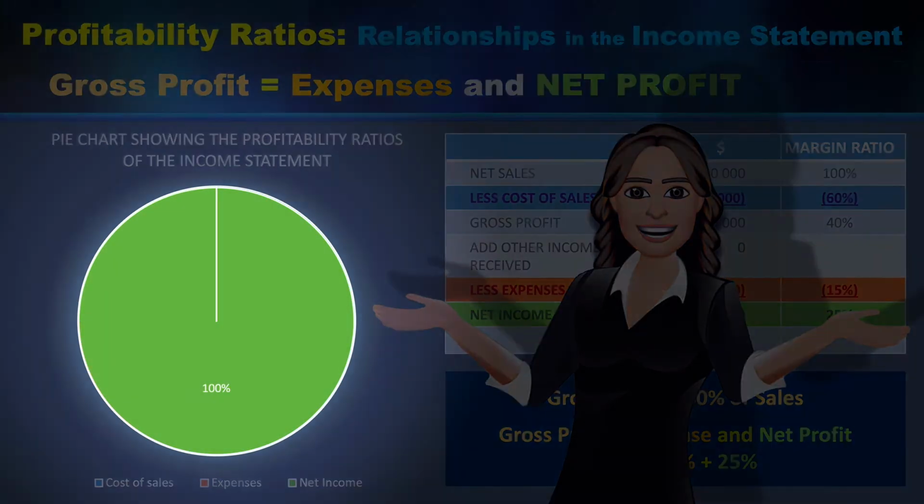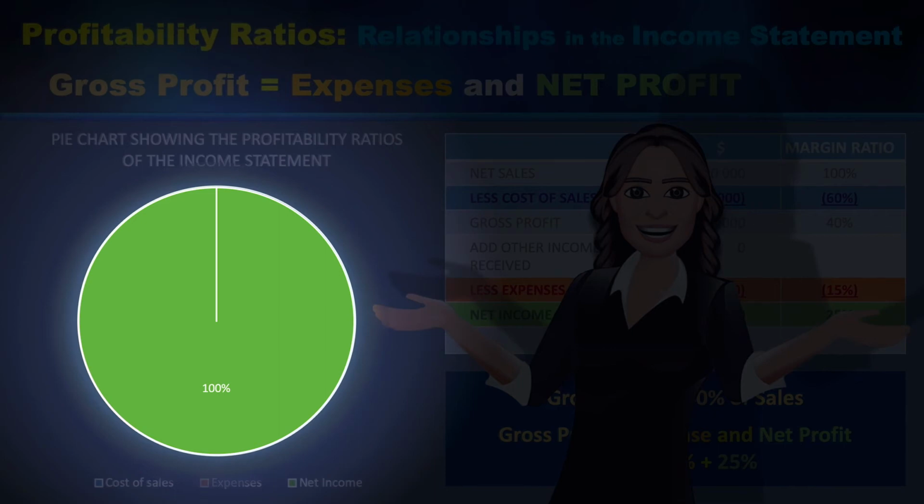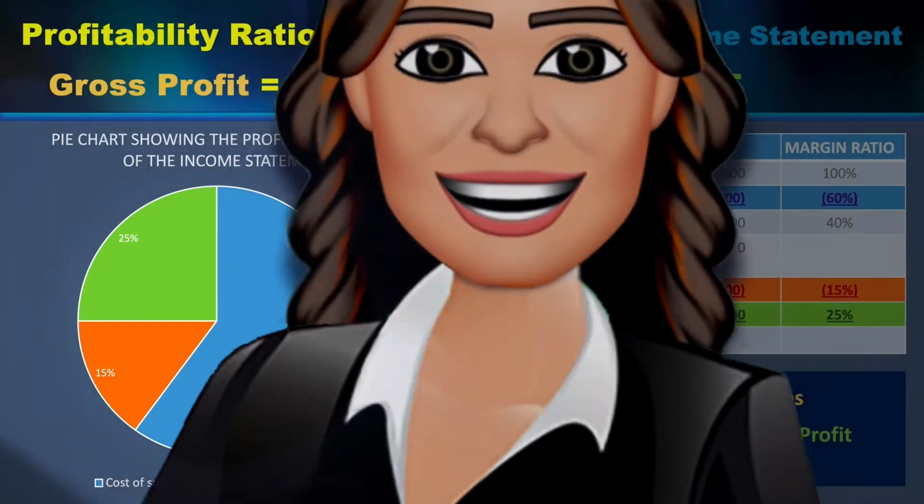You have your net sales, which is 100%, the full circle. Then you would deduct your cost of sales, which in this example is 60%, which would have left you with 40% gross profit. And then you would have spent expenses of 15%, which would leave you with a remainder of 25% net income as a percentage of your sales.